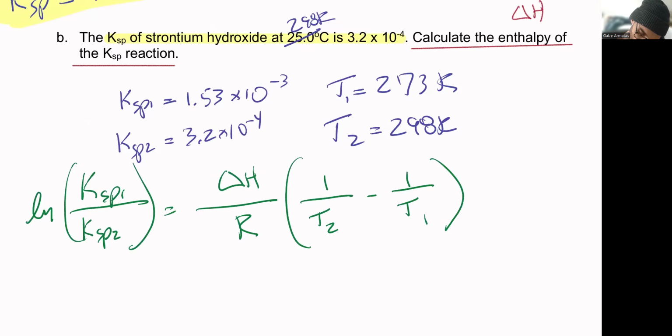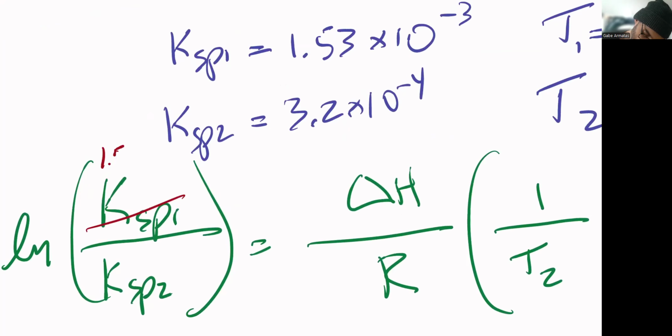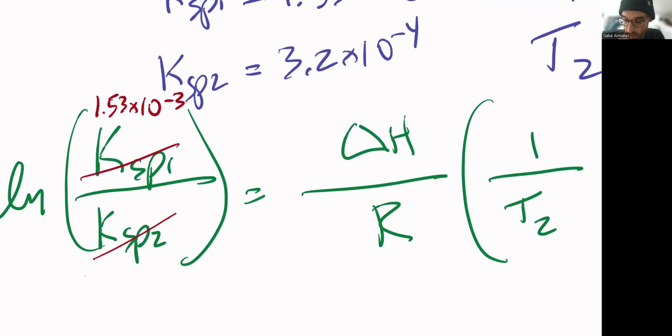So Ksp1, I'm going to plug in 1.53 times 10 to the negative 3. Ksp2 is 3.2 times 10 to the minus 4.